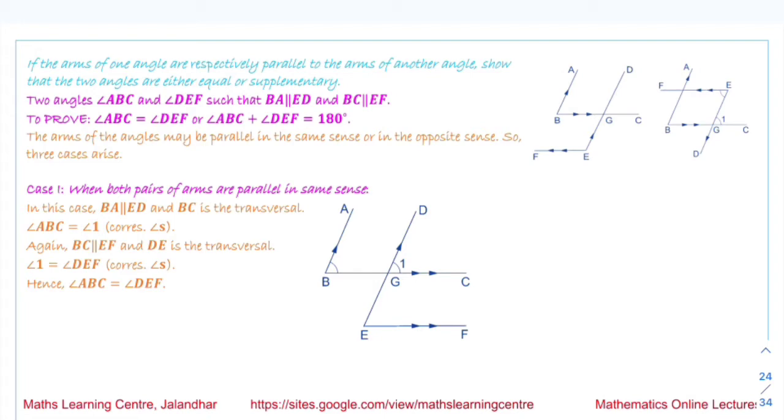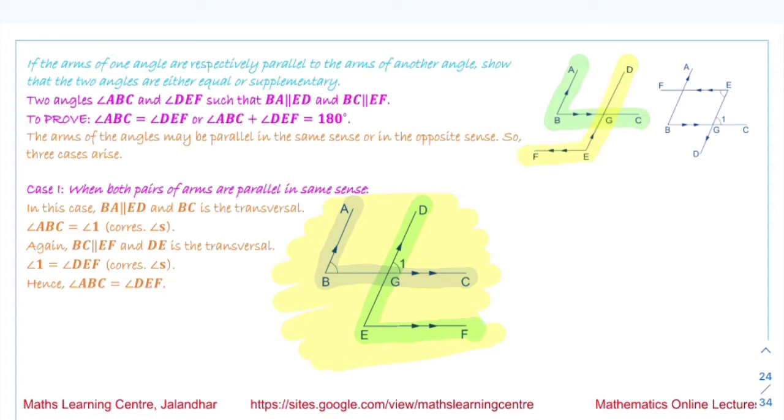In the first case, the two angles are in this form: one angle is ABC and the second angle is DEF. In the second case, ABC is here and angle DEF is over here.